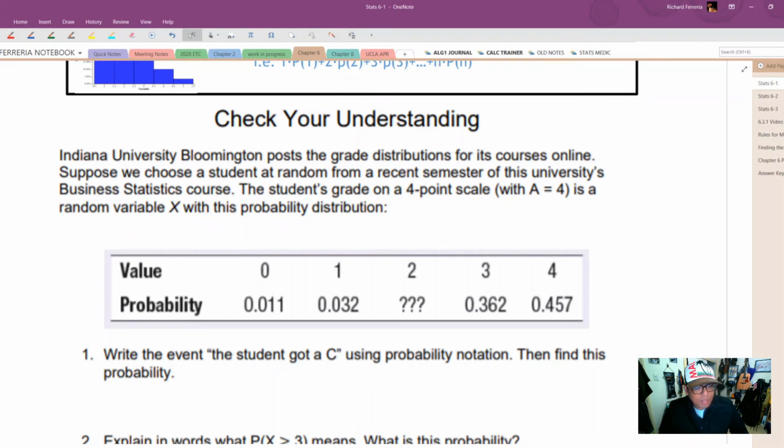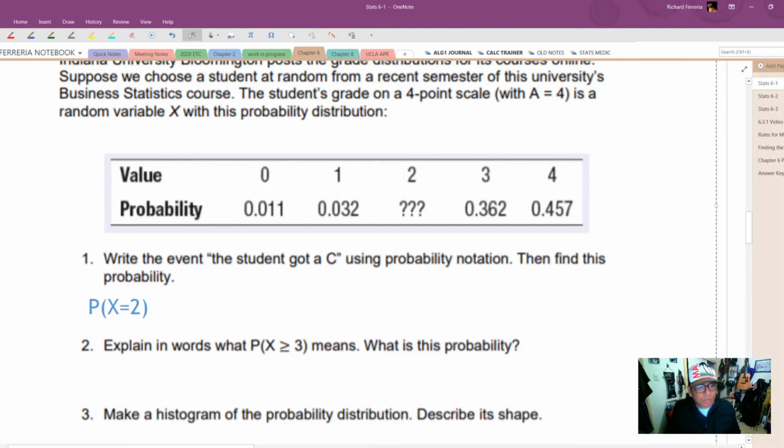Write the event the student got a C using probability notation. Well, what is a C? If an A is a 4, then a B must be a 3, then a C has to be a 2. So the probability that x equals 2 is unknown here.